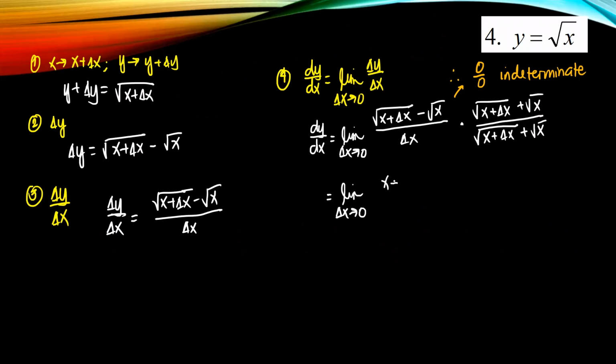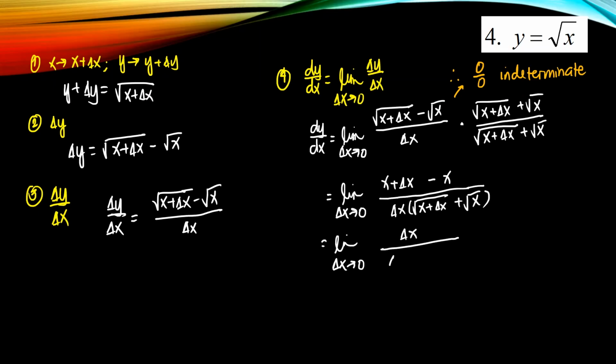So the top becomes x plus delta x minus x. The bottom is delta x times the square root of x plus delta x plus square root of x. So x and x cancel out. I'm left with delta x all over delta x times the square root of x plus delta x plus the square root of x.